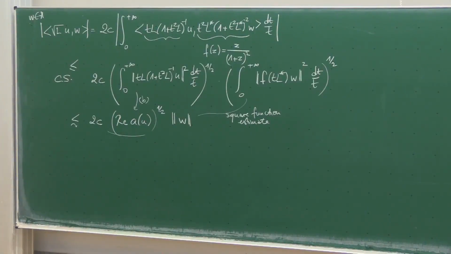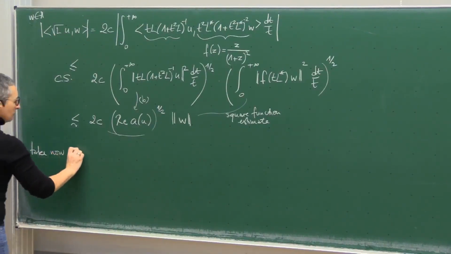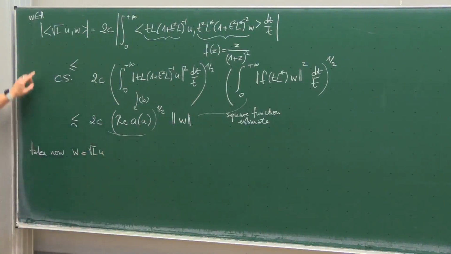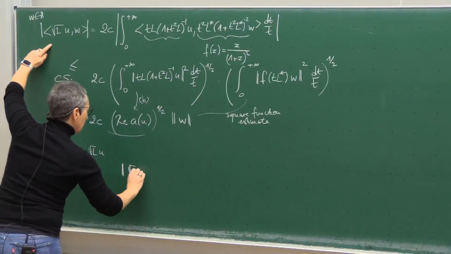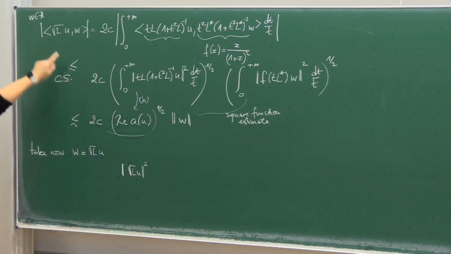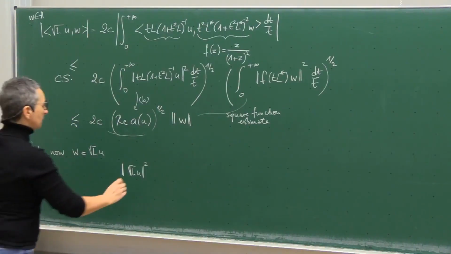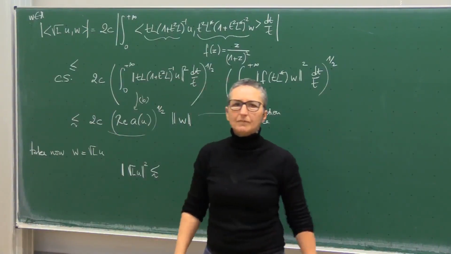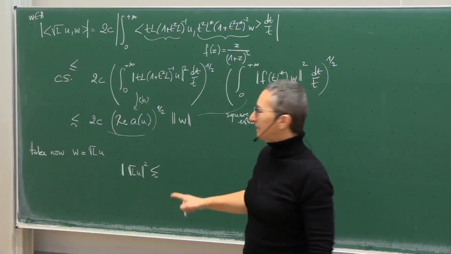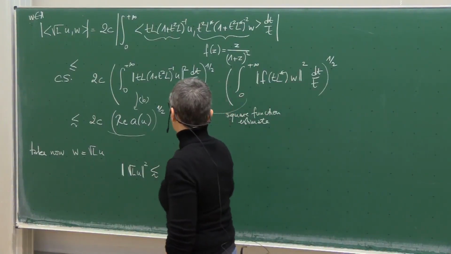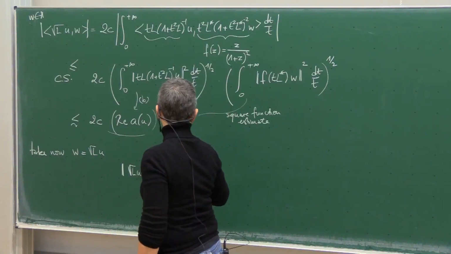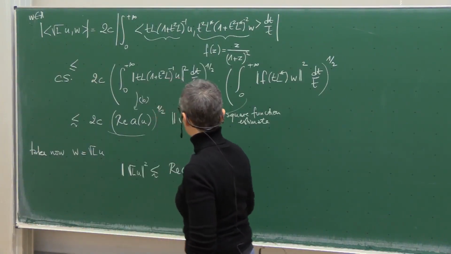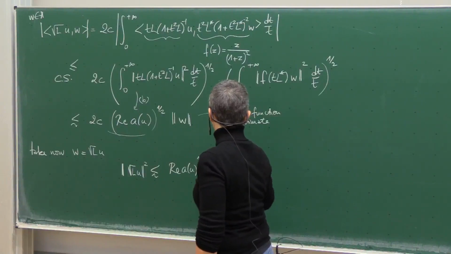Okay, so now what happens? Take now W to be square root of L u, and what you get is that square root of L u squared is less than or equal to, well, this 2c I can forget, it comes in the tilde in the less than or equal, of the real part of a of u to the power 1/2 times square root of L u.